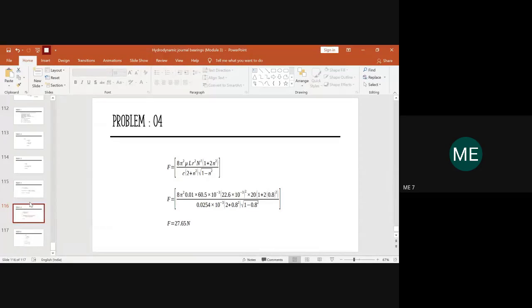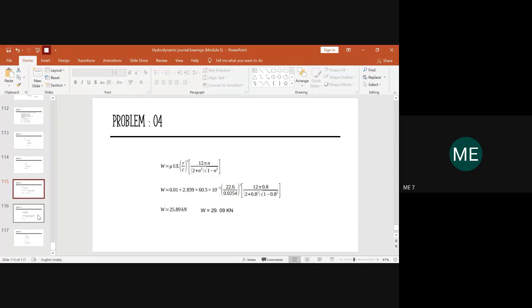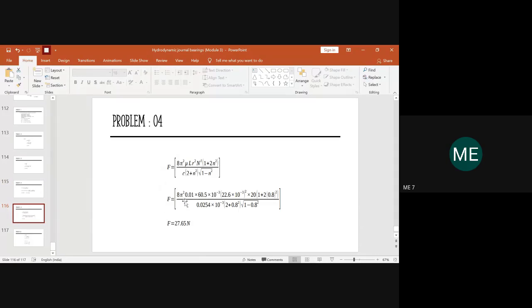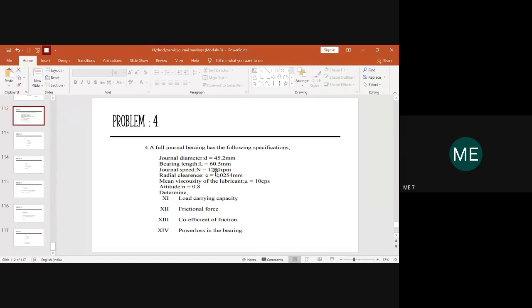So once you get the value of load bearing, you substitute the value here for the mu as well as the length of the bearing and then the radius of the journal bearing, and n here. The value of n here is 1200.